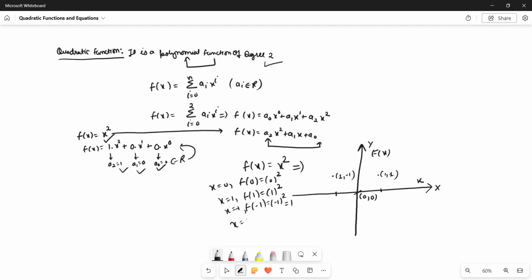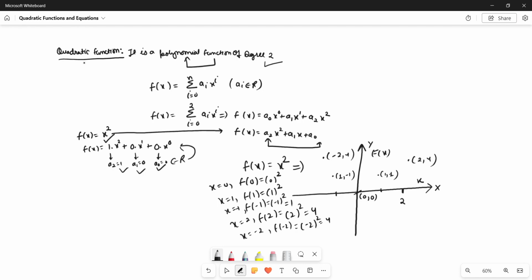At x equal to 2, we will get f of 2 equals square of 2, that is 4. So this point is nothing but 2 comma 4. At x equal to minus 2, we will get f of minus 2 equals square of minus 2, that is also 4. So this point is nothing but minus 2 comma 4.